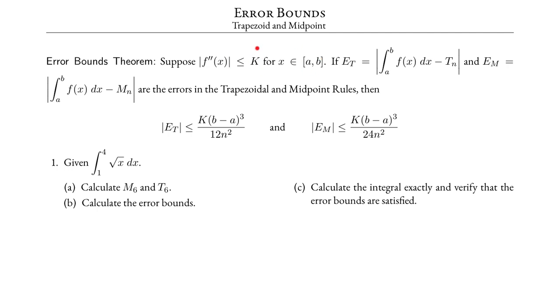Usually, to find the exact k, we would need to find the derivative of the absolute value of the second derivative, which is the third derivative of f. We then find the critical points and check the functional value of the absolute value of f double prime at critical points and the endpoints. Thus, oftentimes, we just simply use a convenient k instead of going through the trouble.